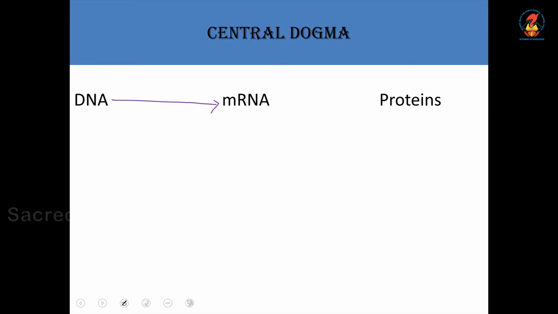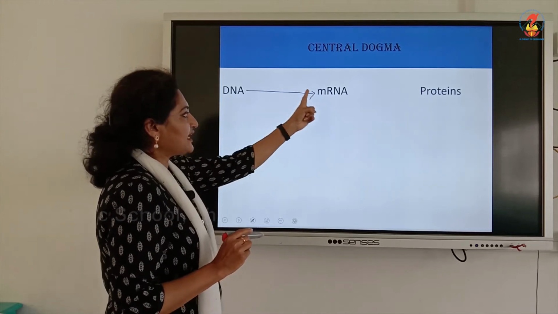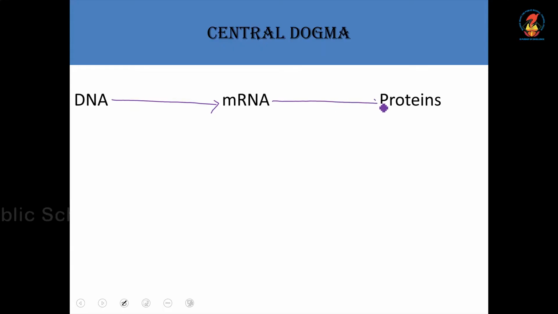It states that the genetic information flows from the DNA to the mRNA and from the mRNA to the proteins.